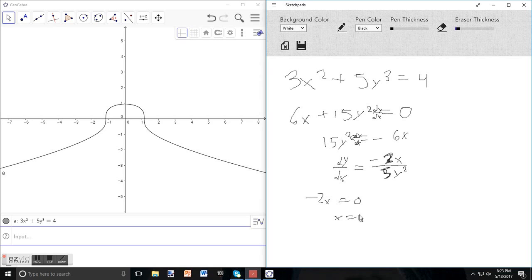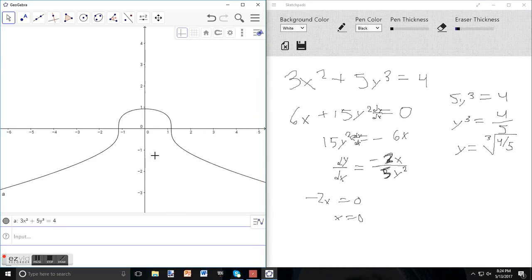We plug that into the original equation, so 5y cubed will equal 4, and y cubed will equal 4/5. So y equals the cube root of 4/5. On the graph it's apparent that there's only one horizontal tangent, and that would be at this point right here, which is 0 and the cube root of 4/5.